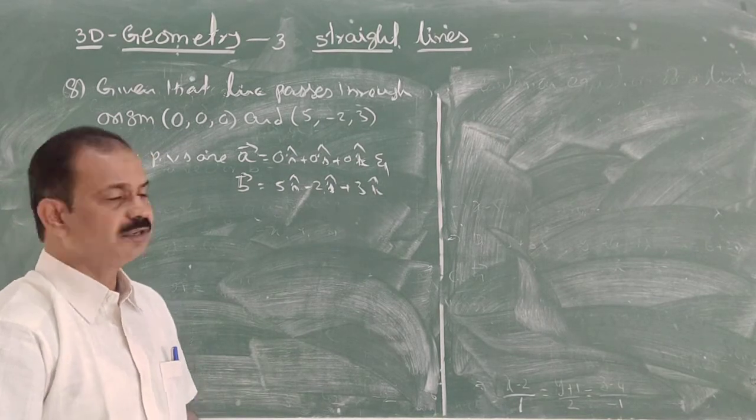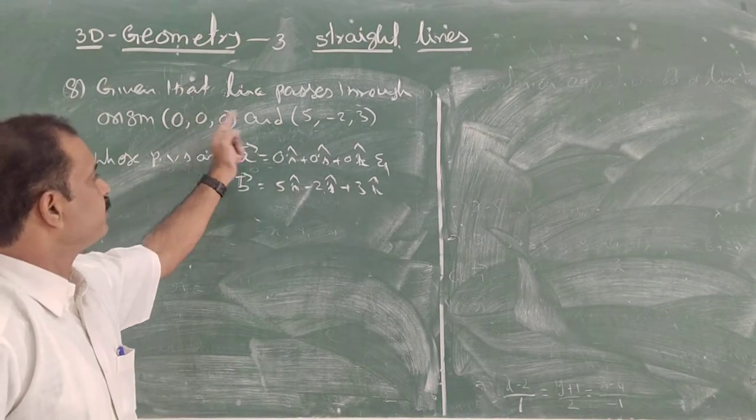I hope it is clear, children. 2 points are given, I am writing their position vectors.